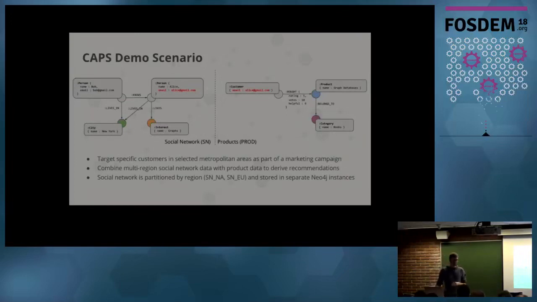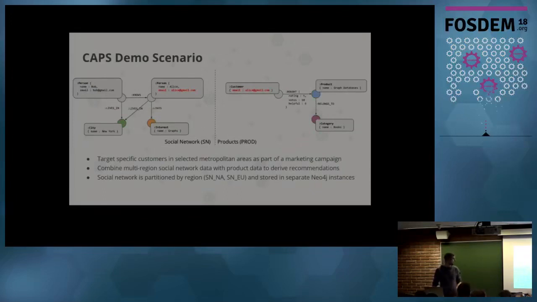And then on the other side, we have a customer data set. So it's customers who have bought products. Those products are also categorized into product categories. And on the social network side, of course, we have people who know one another, who live in certain cities, and they're interested in different interests.